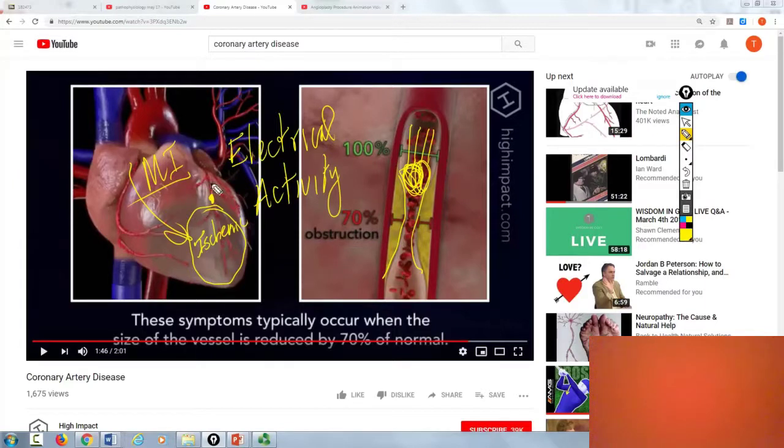So if you block a coronary artery that is supplying the electrical activity of the heart, then a nice normal heart rhythm can go into what's called ventricular fibrillation. And ventricular fibrillation is the most common cause of sudden cardiac death.